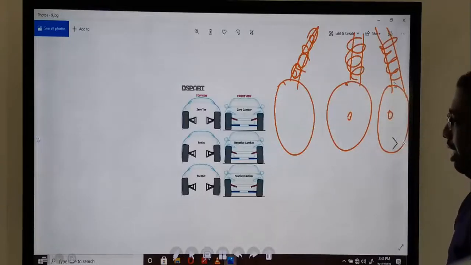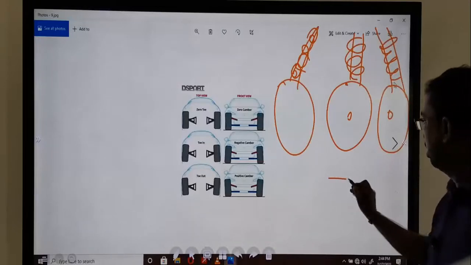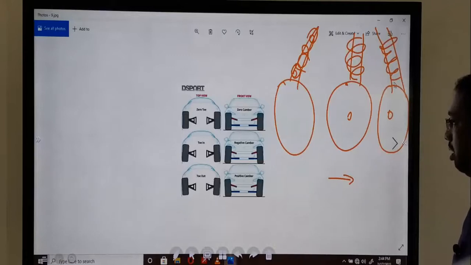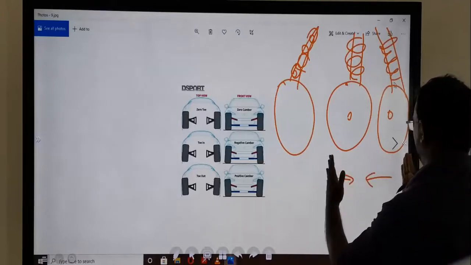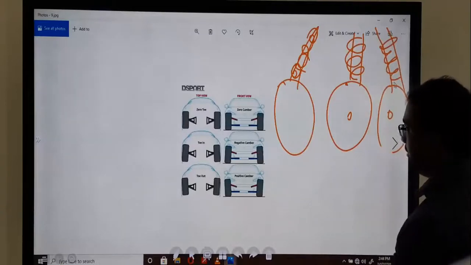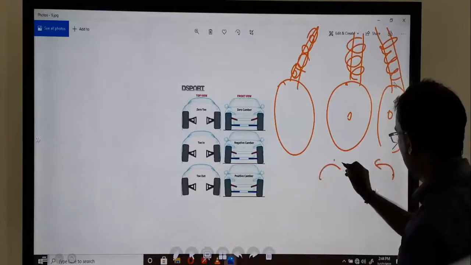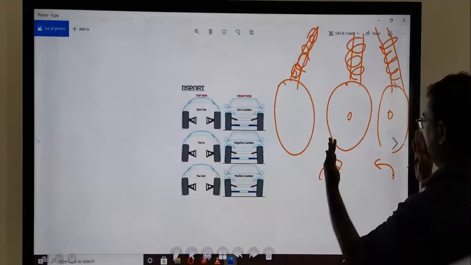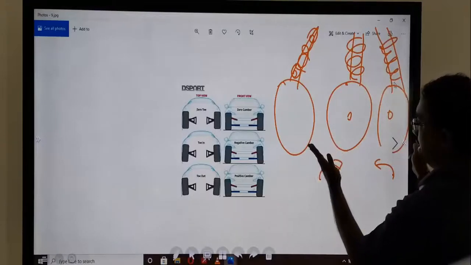So there are 3 axes. Toe means the wheels are turning to the side.